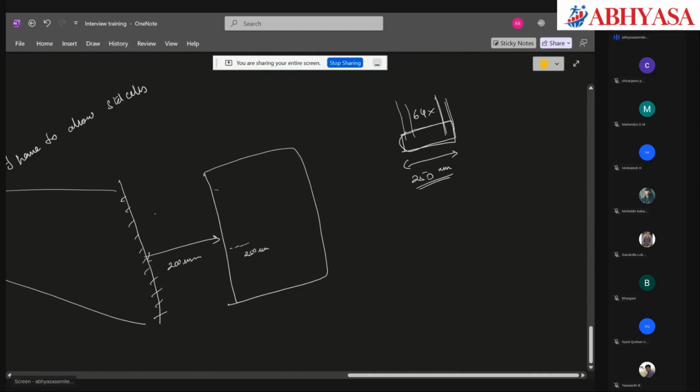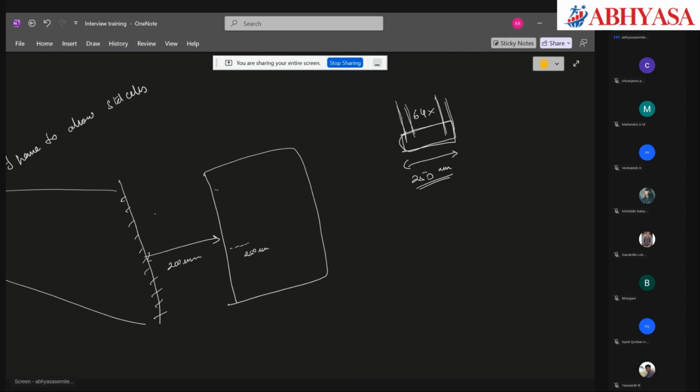Since we are considering vertical routing, we will consider metal 6. So I want to put a standard cell here. Its width is not more than 200 microns. So 200 is sufficient for the cell. But for the nets, I need to check now.